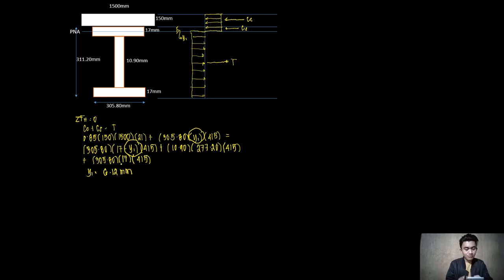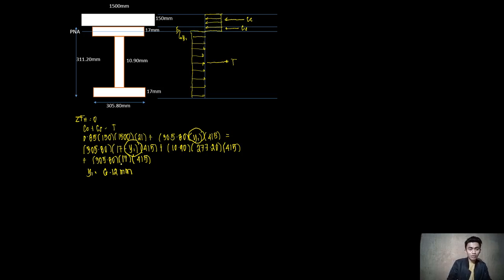I will have 0.85 times 150 times 1,500 times 21 plus 305.80 times y sub 1 times 415, equated to 305.80 multiplied by 17 minus y sub 1 times 415, plus 10.90 times 277.20 times 415, then the last one, 305.80 times 17 times 415. The value for y sub 1 is 6.12 mm.